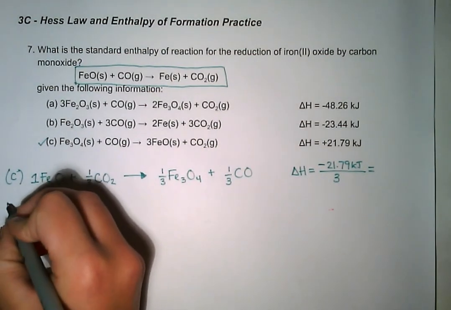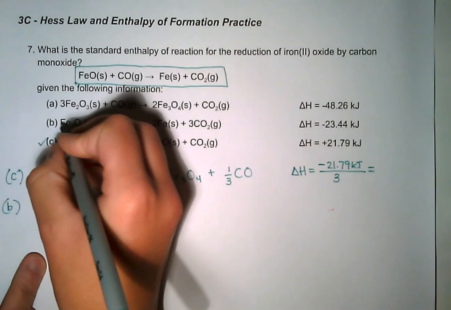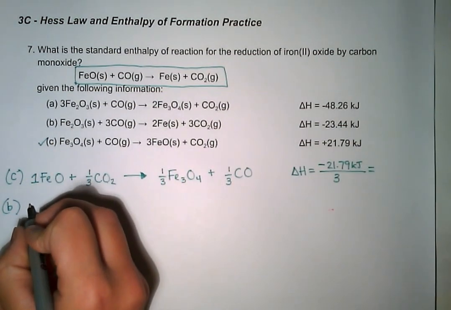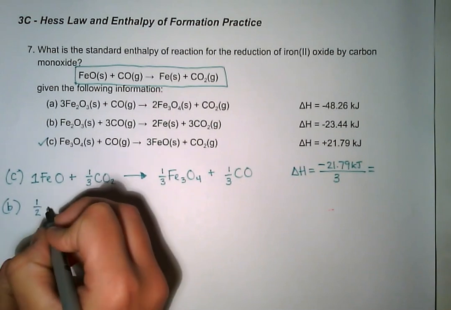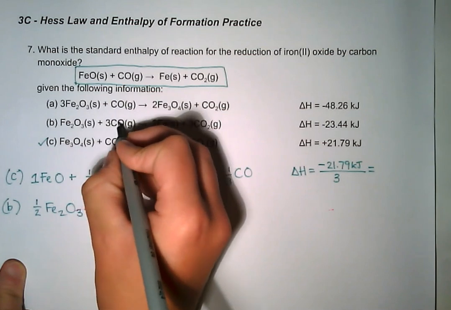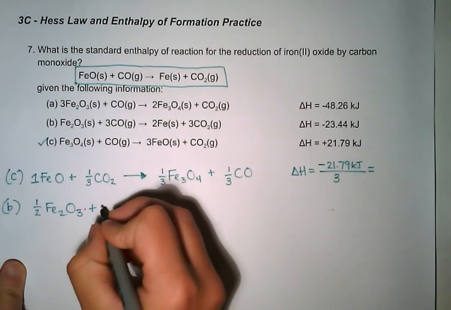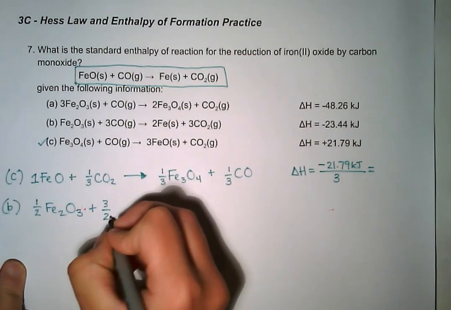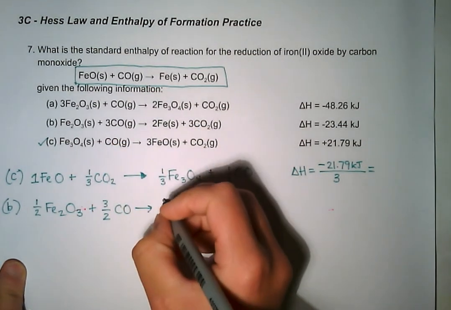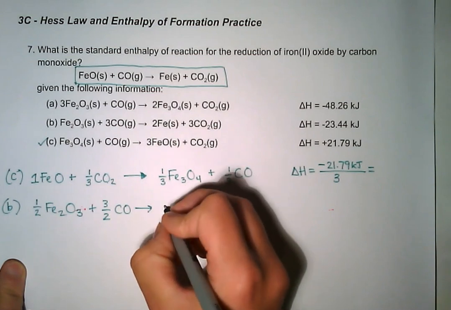So we'll take reaction B, and we'll keep it the same, except we're going to divide everything by 2. So instead of 1 Fe2O3, I'll have 1/2 of an Fe2O3. Instead of 3 COs, I will have 3/2 of a CO. Instead of 2 Fe's, I will have 1 Fe.